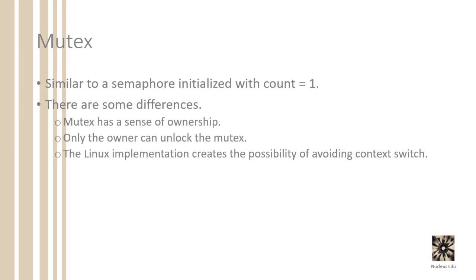But that's not in the same category. If you are in this category of a long-held lock that you can hold for a long time, and you're trying to protect a critical section, then mutex is one of the popular choices that is recommended.